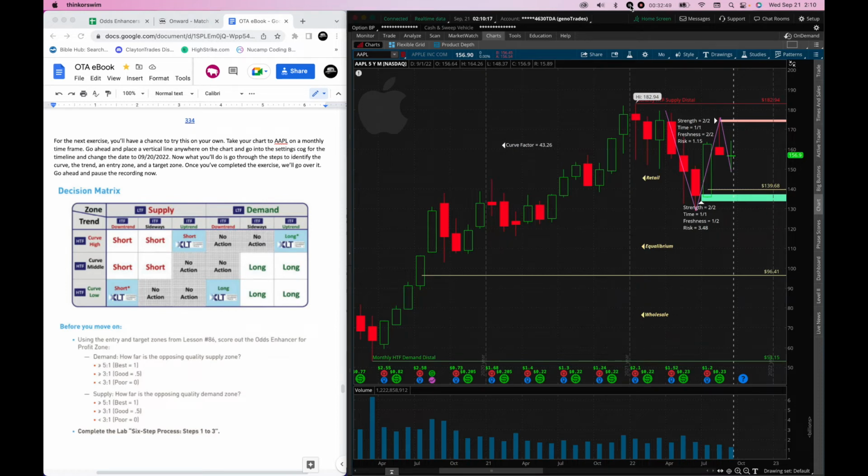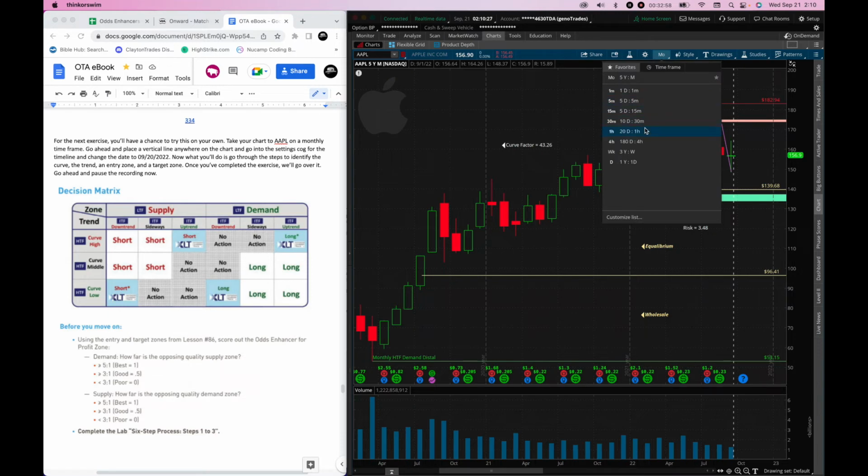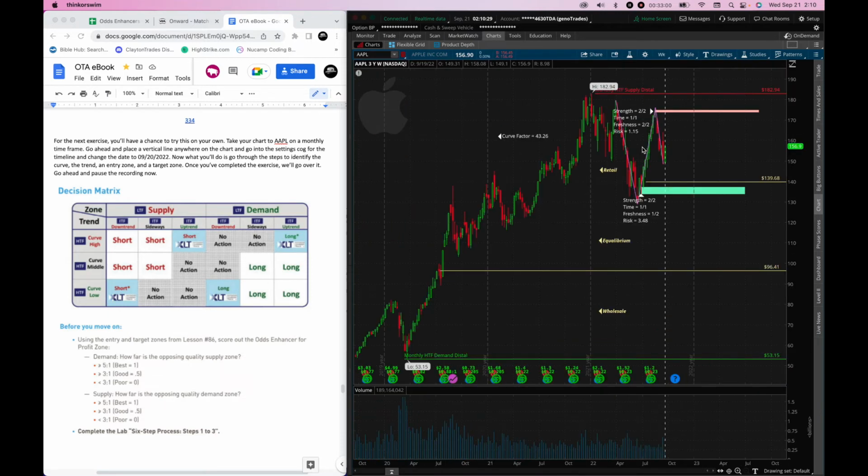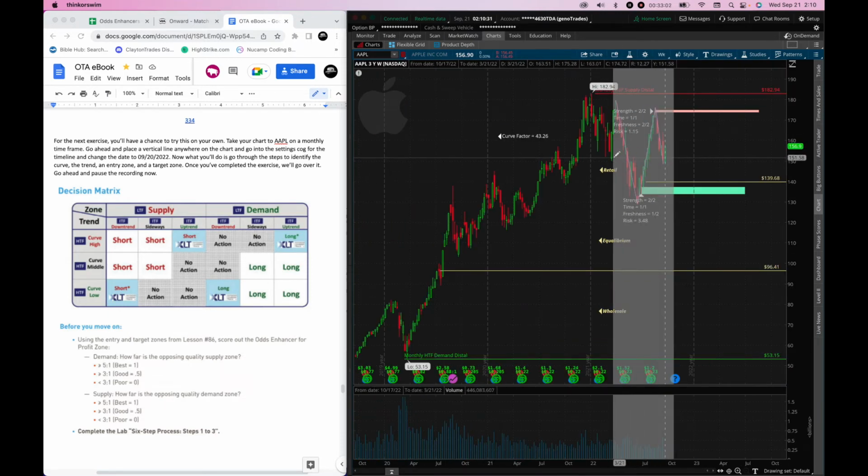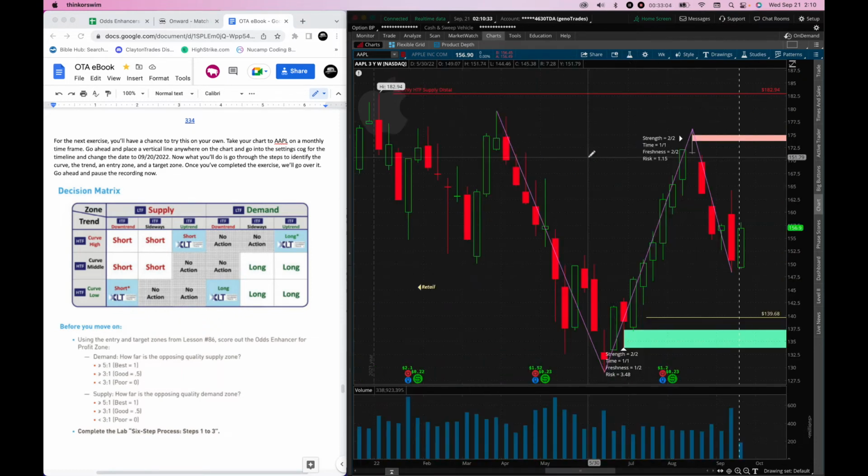Okay, so now that we've got our boundaries for our curve, we want to go ahead and move from the monthly into the weekly time frame in order to identify the trend. To do that, I'm going to zoom in just a little bit. And again, we're going to go back to current price. We're going to identify the three most recent segments for the trend.